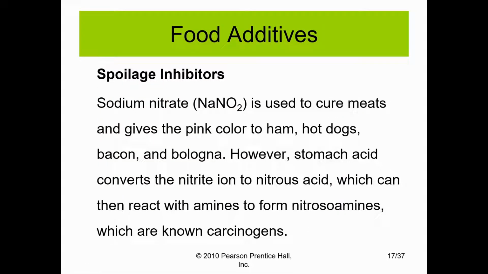Sodium nitrate can be used to cure meats, and it gives the pink color to ham and hot dogs. This molecule is able to convert to nitrous acid in the stomach, which can react with amines and form carcinogenic nitrosamines. Carcinogens are any molecules that have the ability to cause cancer.